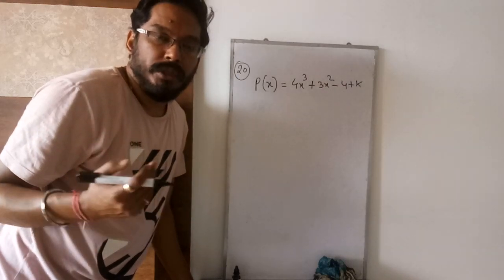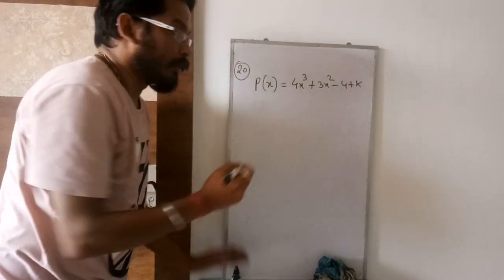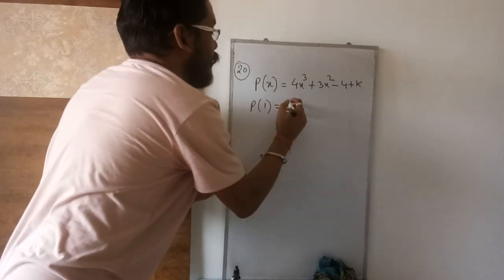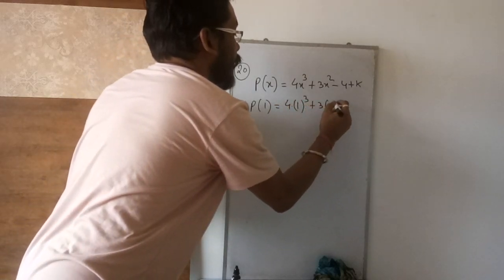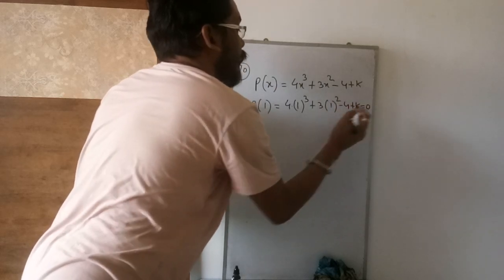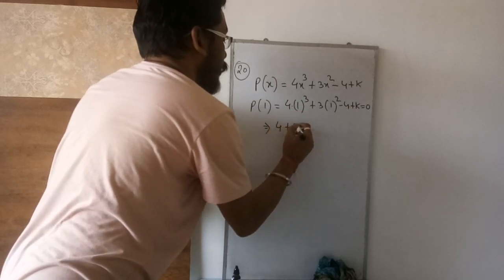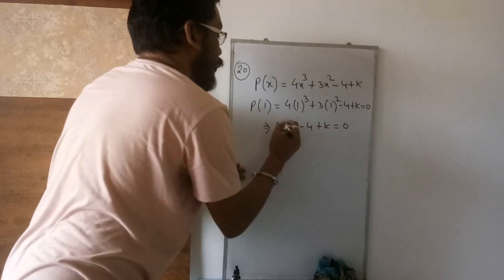So if I put plus 1, my remainder will be 0. I have discussed this in my classes. So I will put 1 in place of x: 4 into 1 cube, 3 into 1 square, minus 4 plus k equal to 0. So 4 into 1 cube is 4, 3 into 1 is 3, minus 4 plus k equal to 0.